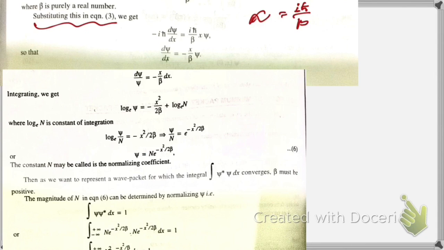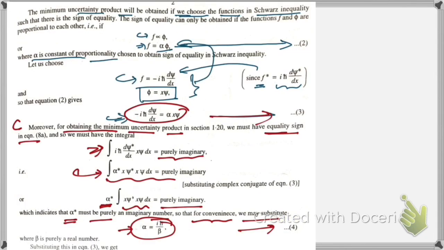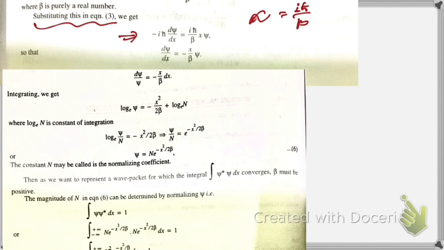And we have got this from equation number 3. So this is the equation number 3. This alpha is replaced by this value, and so after simplification and this integration, we have got this result, where this is nothing but a constant of integration, and after simplification we have got this function.